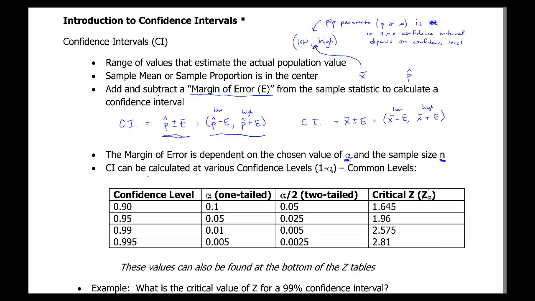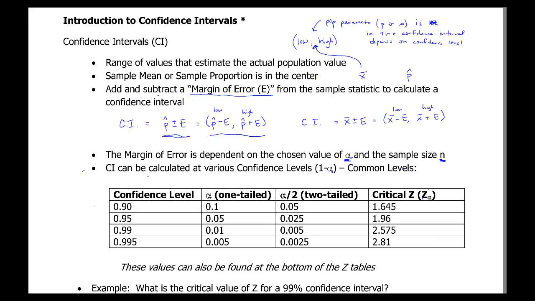So that's going to affect your confidence level. And I have a table here. These are confidence levels, and then you'll need a critical Z to calculate a margin of error. And that's why we need alpha to be chosen first. So these are some common ones: confidence levels of 0.9 all the way up to 0.995.